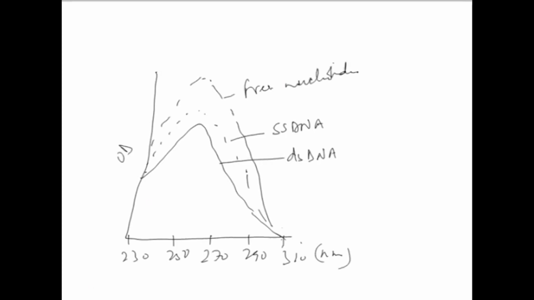You can see in here that as the arrangement changes, like in double stranded DNA they are well arranged and you will have a particular spectra, and as this arrangement is loosened like in single stranded DNA or free nucleotides, there is an increase in absorbance. So, these are a few examples where you can see the effect of pH, polarity or orientation on different spectra.